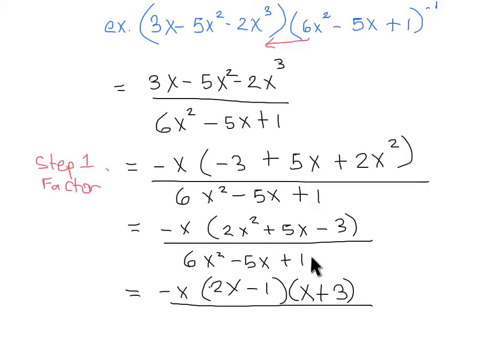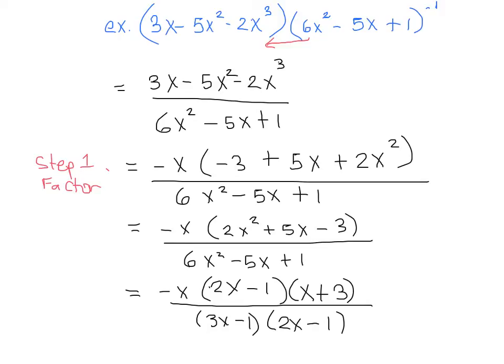And when we factor this expression, using diamond box or trial and error, we get 3x minus 1 times 2x minus 1. So again, if you don't remember how to factor, just look at one of those videos and you will definitely get it.